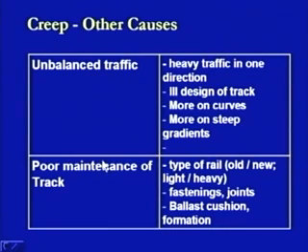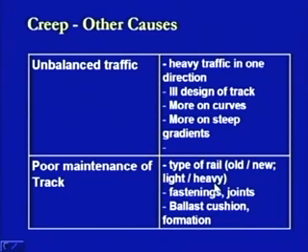Further, as we have seen in the case of the percussion theory, poor maintenance of track also causes creep. Here we are talking about the type of rail sections, whether they are old or new, light or heavy. On the basis of these combinations, whether heavy sections or lower sections have been used, they are going to create their effect.